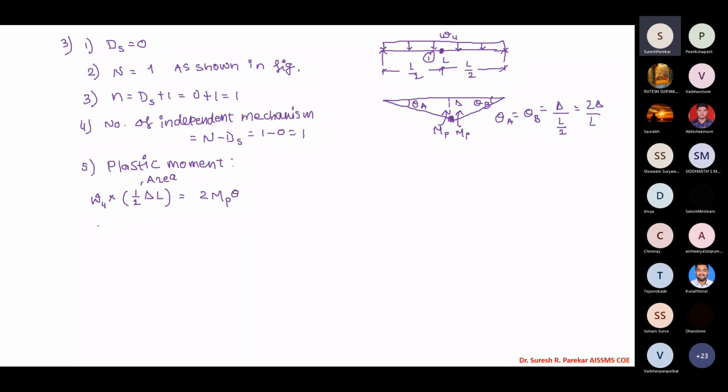And then we have WU into 1/2 into delta L is equal to 2 MP into 2 delta by L. Delta gets cancelled and we have therefore MP is equal to WUL square by 8.